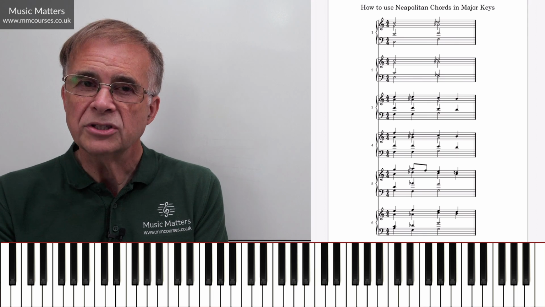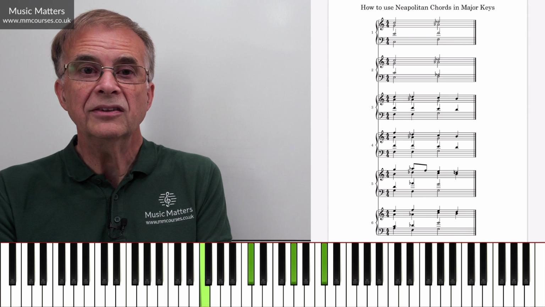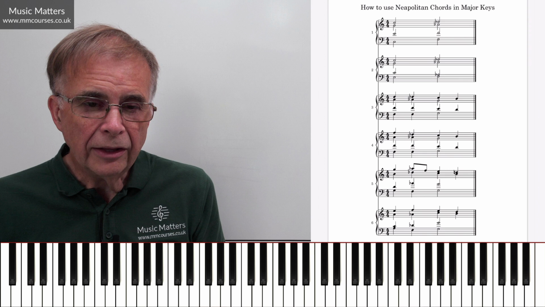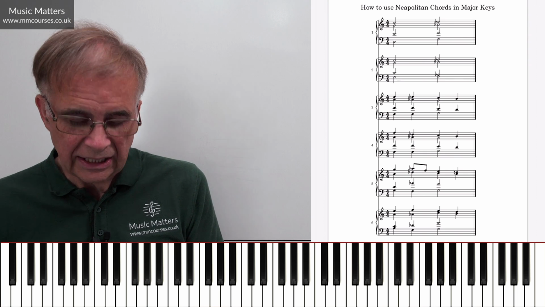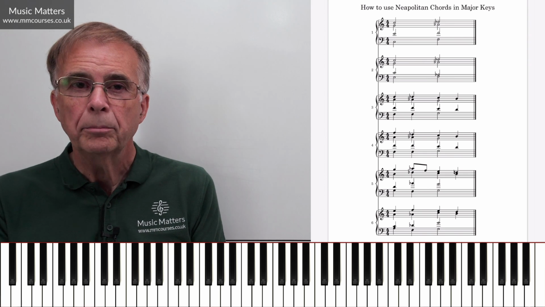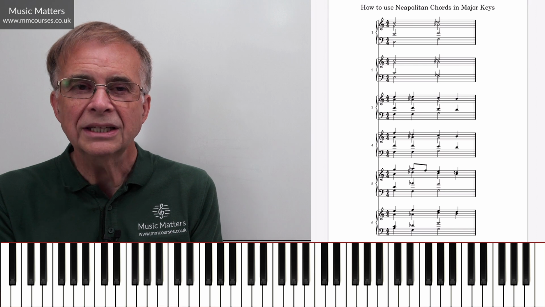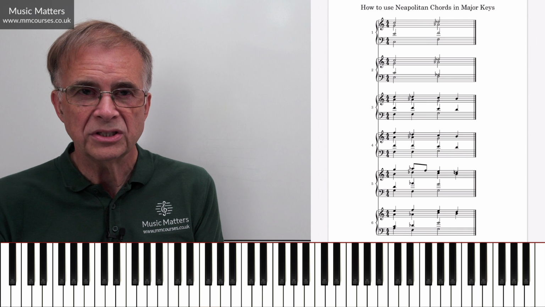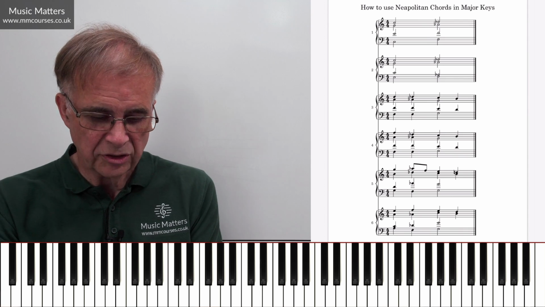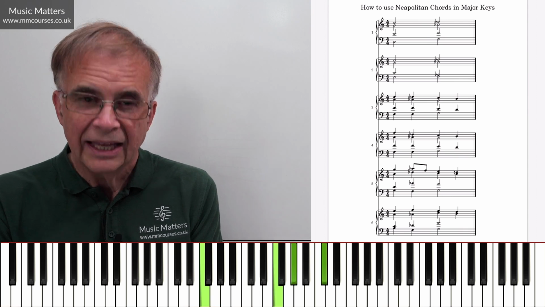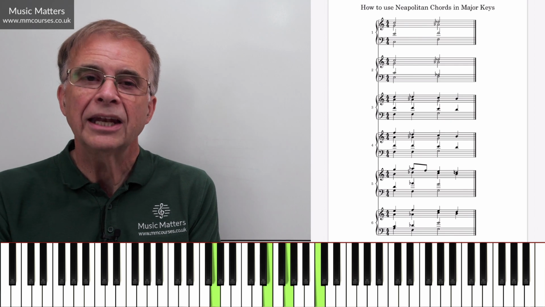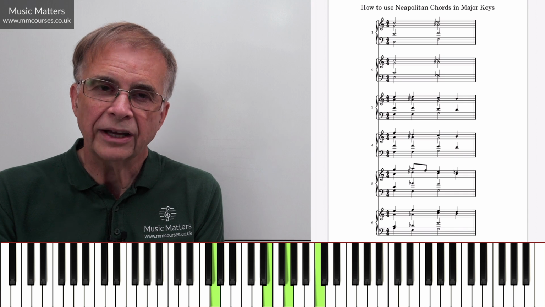So that's one way of resolving it, a little bit of a surprise before a dominant chord. The other most common way of using it is to do the same thing, but to have a chord 1 in second inversion before you go on to that dominant chord, that chord 5. So I use a Neapolitan, then I use a chord 1 in second inversion, and then I move on to my chord 5.